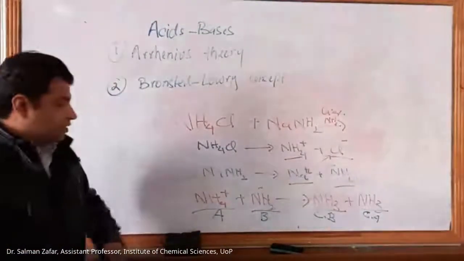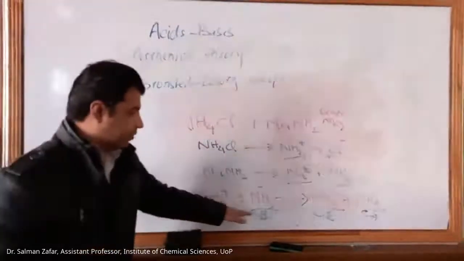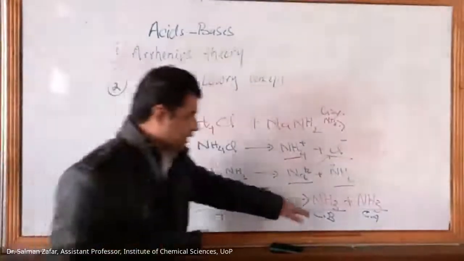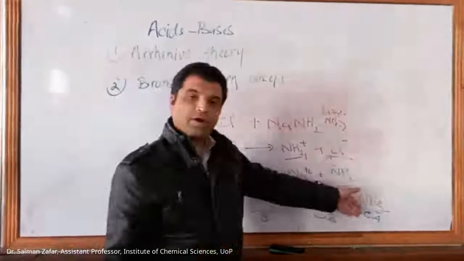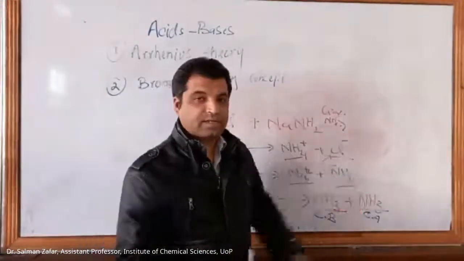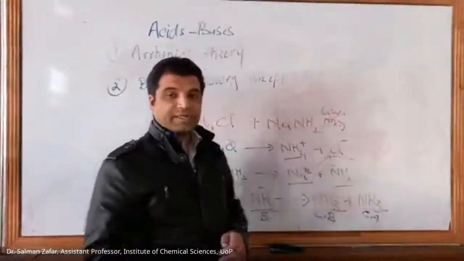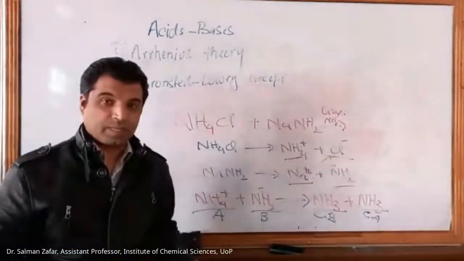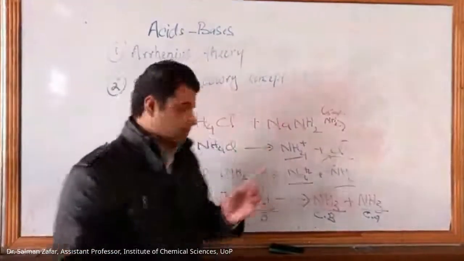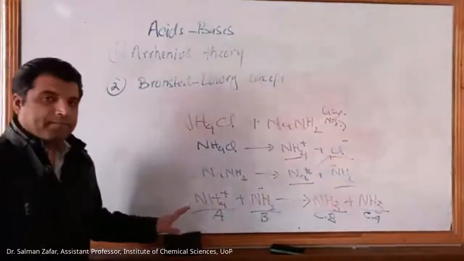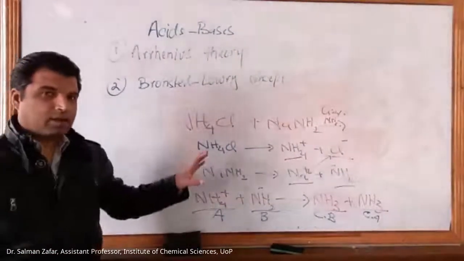Right? So you can see now here we have an acid and a base, an acid-base reaction, giving rise to the conjugate acids and bases. And interestingly, in this case, both the conjugate acids and bases are the same species. Now, what are the strengths? You see ammonium ion here, it's an ion again.